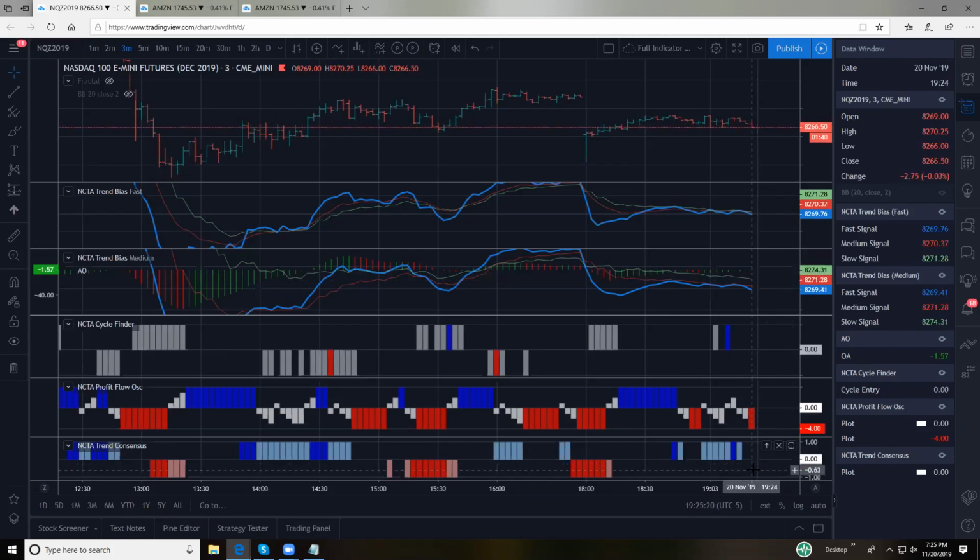Now, it sounds like a small thing, but when you're trying to get as close of a fill to the open of the bar as possible, that one extra half of a second or second can make a difference. And you can see that the AO is green, so there's no alignment between those 2.